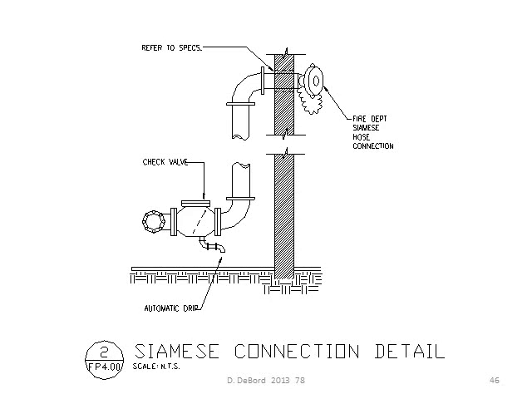In this case, the check valve apparently is in the basement. Notice we have an automatic drip, and this is a check valve that should have a ball drip, we call it. Since this is outside, the fire department Siamese hose valve is outside, and the other part is inside.